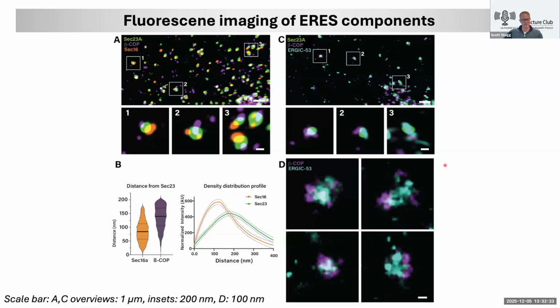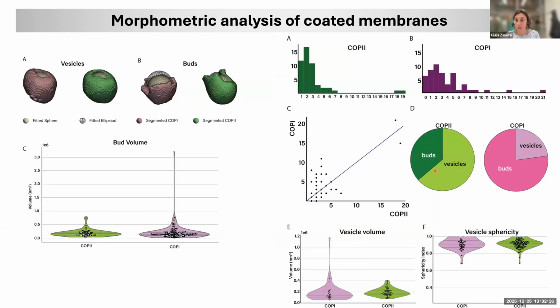Very cool. Right. So the other thing that we can do now, having all of these beautiful vesicles and buds that we know exactly what they are, is some quantification. We can do some morphometric analysis by fitting spheres and ellipsoids into this three-dimensional reconstruction and counting things.